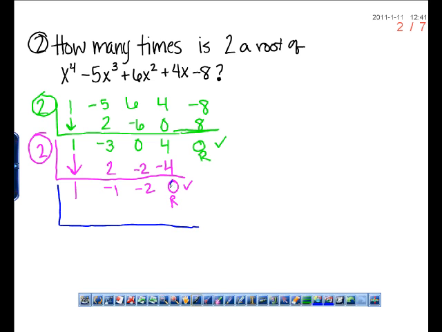Remember, this remainder essentially kind of falls off because we know it's gone. Does it work again? Yep, works again.